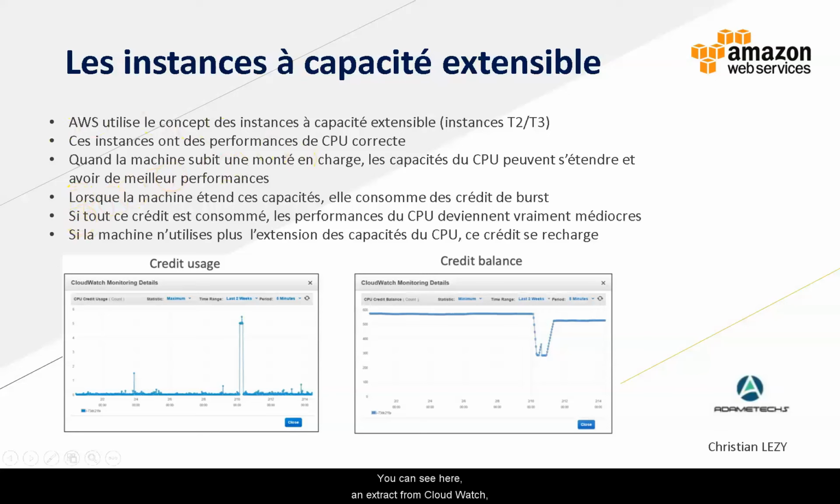You can see here an extract from CloudWatch. We have set up monitoring of the burst credit, as well as the average burst credit still in our possession. So we can see here a peak in processor activity, and on the other hand, we have a drop in our average burst credit.